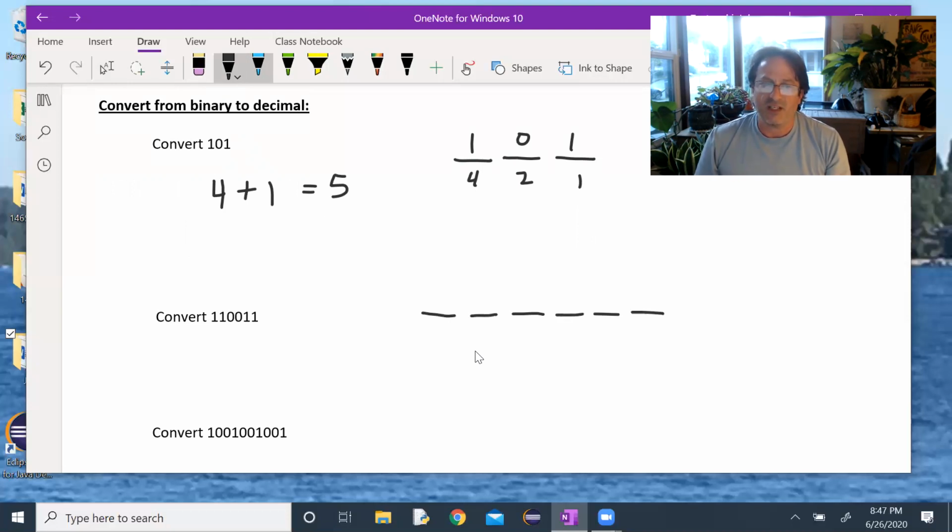I prefer to just redraw this rather than trying to put the numbers under here, because especially when you get up to 2-digit numbers, they don't fit under 1 digit.